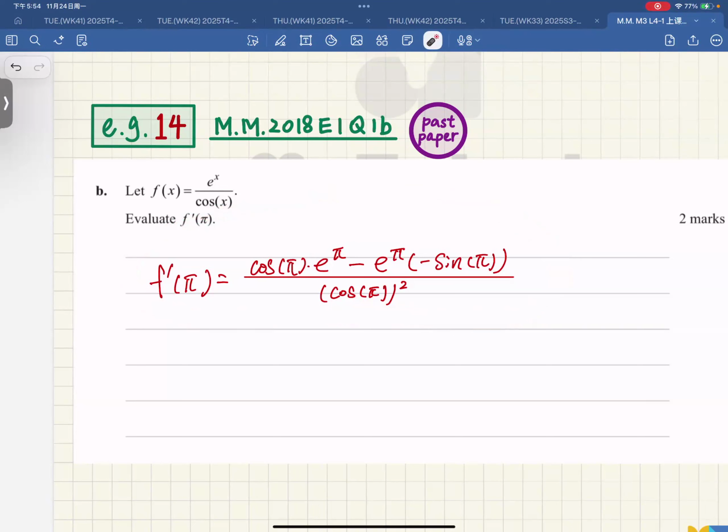Can you cancel out this cos, Ethan? Think. No, because it's multiplied by e to the power of pi, and that's minus. See the minus? There's no common factor.